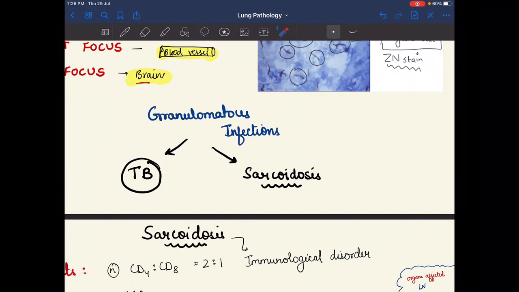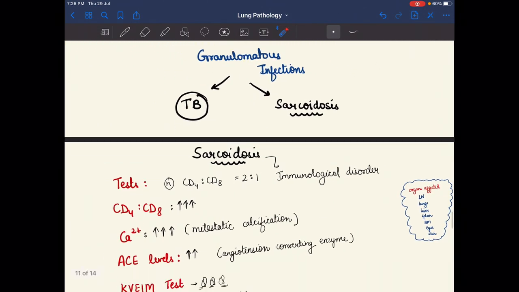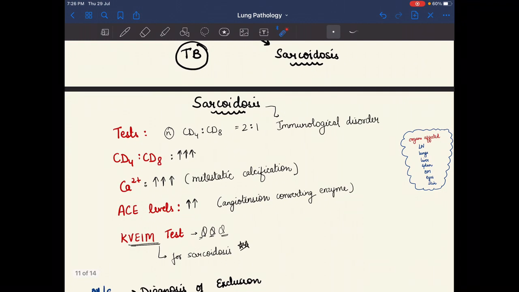Now the granulomatous infections. Granulomatous infections are TB and sarcoidosis. TB we already discussed, so let's discuss sarcoidosis. Normally the CD4 to CD8 ratio is 2 to 1, but sarcoidosis is an immunological disorder, and in this the CD4 to CD8 ratio increases.